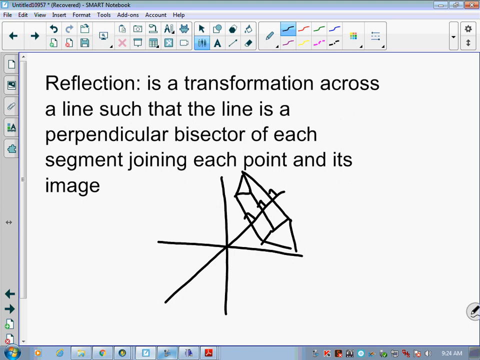But when you do, you ever step closer to the mirror? What happens as you step closer to the mirror? What happens to your reflection? It gets closer to the mirror, right? What happens as you step away from the mirror? Does it step an equal distance away from the mirror?